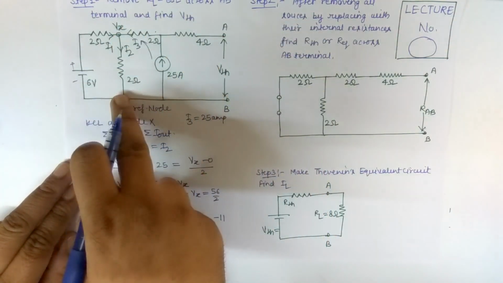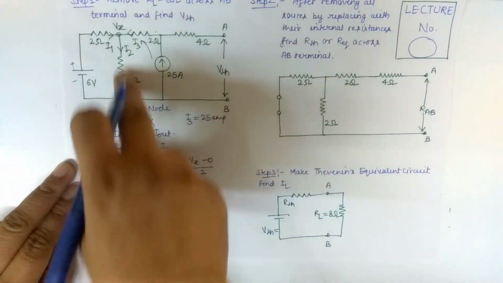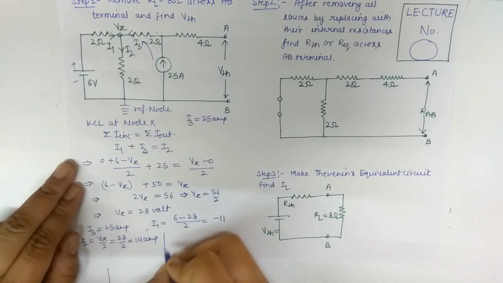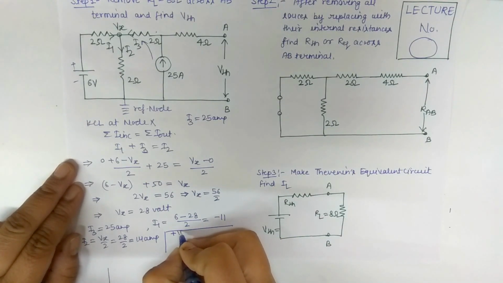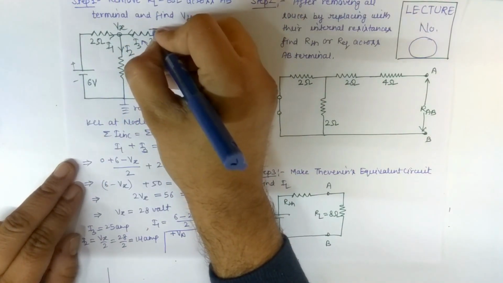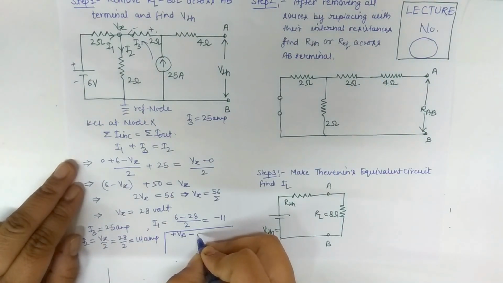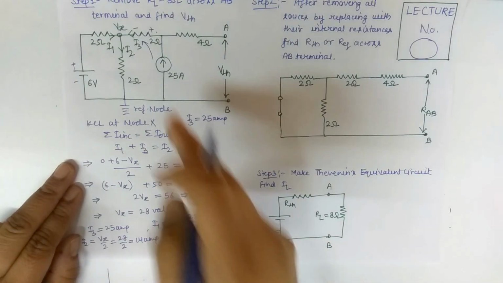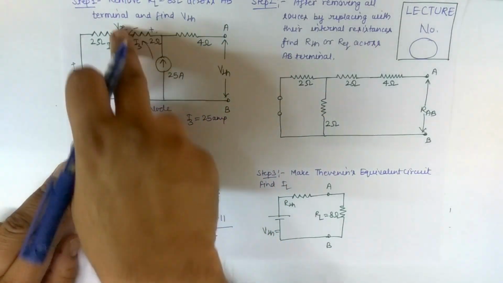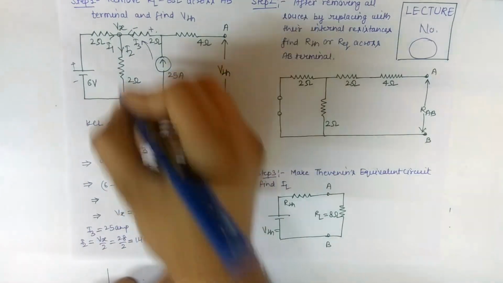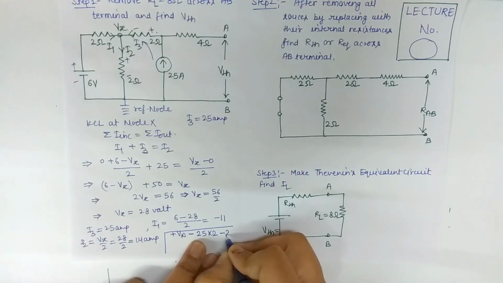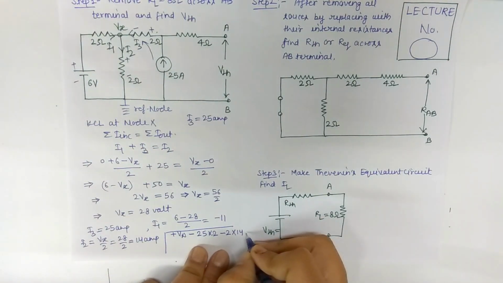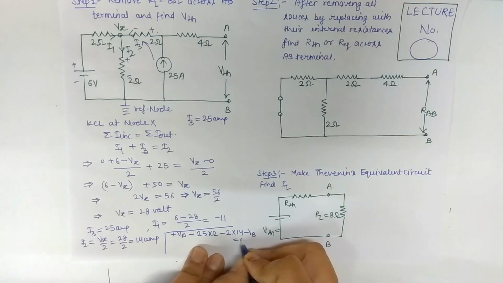Now apply this for the whole circuit to find VTH. Start from A. This is plus of VA, this is positive, this is negative, minus of I into R. I is 25, that is I3, and R is 2. Coming from this branch, this is a 2 ohm resistance. So minus of 2 and the value of I2, so I2 is 14, and minus of VB is equal to 0.